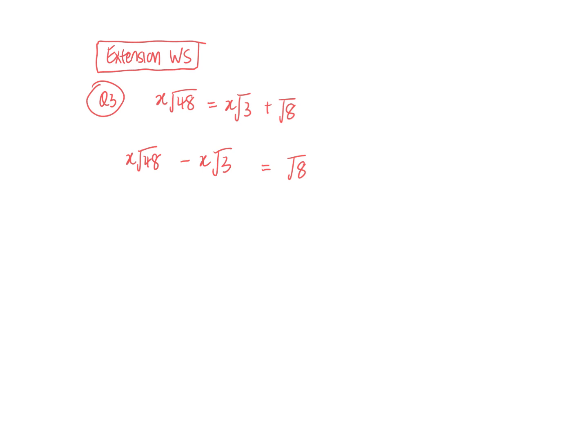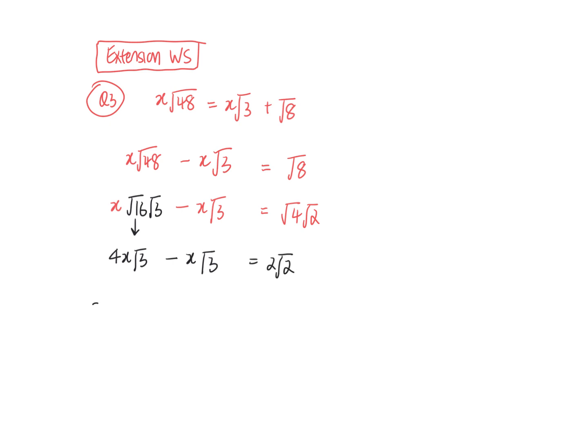Then you realize that actually this one can split to 16 and 3. So I simplify first. Then this one I can also split to 4 and 2. I want to involve perfect squares. So this will just become 4x root 3. This one will become x root 3. This one will be 2 root 2.